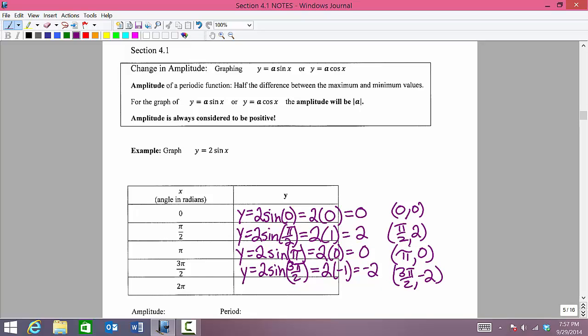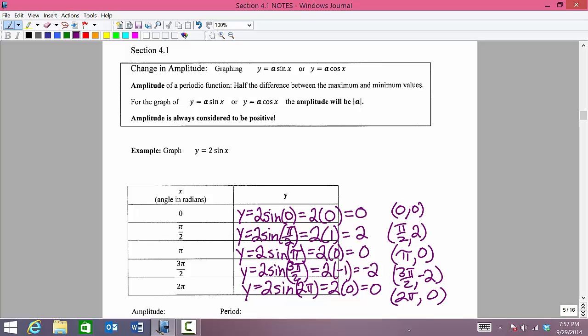So we get 4 points so far. And the last point that we want to plot, 2 pi is our x value. The sine of 2 pi is 0. 2 times 0, we get 0. So 2 pi comma 0.